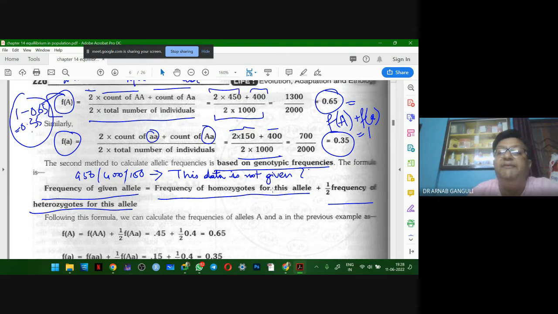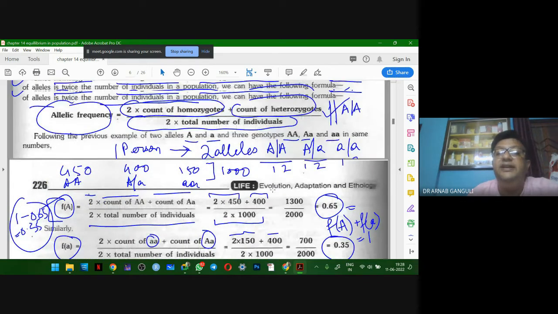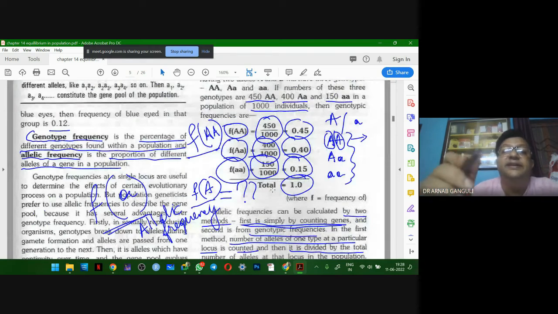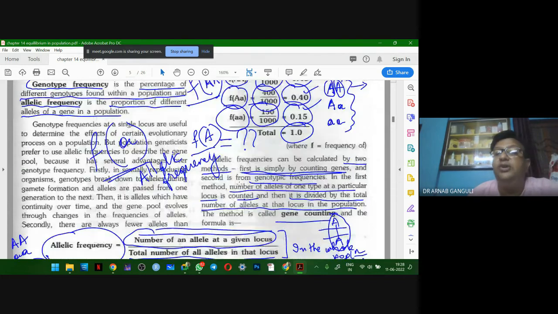So what you have been given is this data: 0.45, 0.40, 0.15. You don't have the total population.